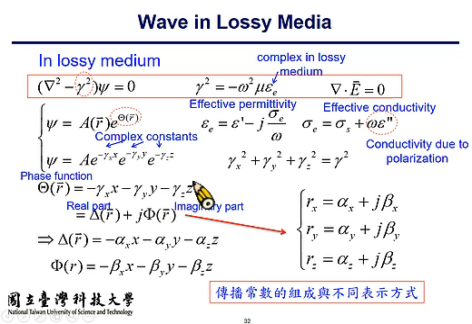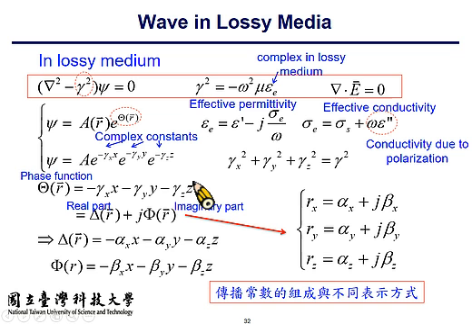Okay, so sigma S is the conductivity for static field. While the second term, omega epsilon double prime, is the conductivity due to polarization. So the composition of the conductivity becomes more complicated as well. As you can see, the second term is frequency dependent.